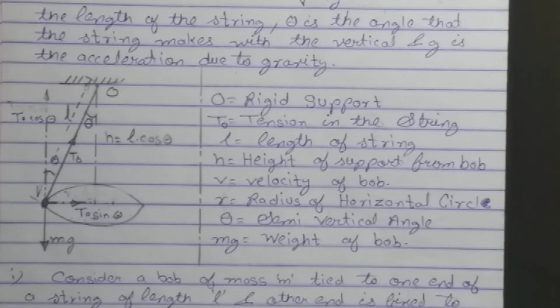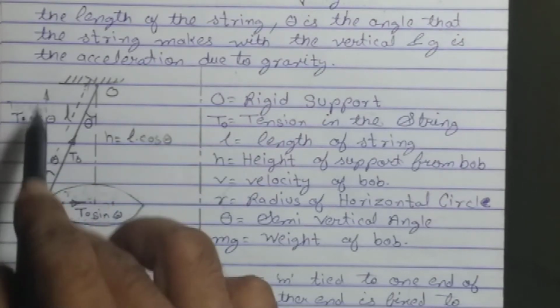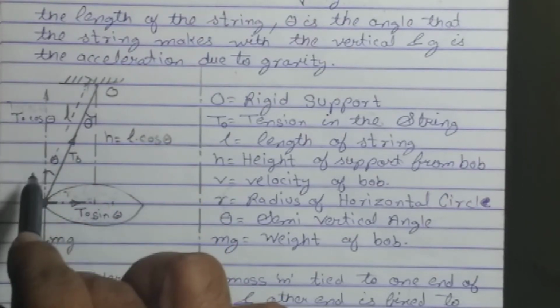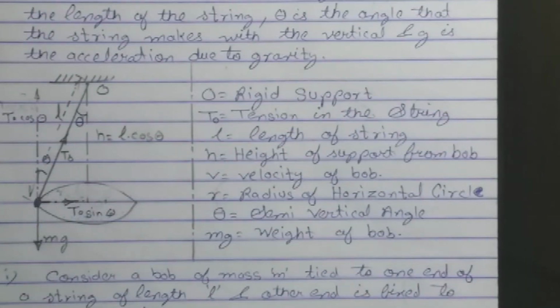T0 cos theta is a vertical force in the upward direction and is balanced by the downward force, which is the weight of the bob, mg. So we can write T0 cos theta equals mg. This is our first equation.